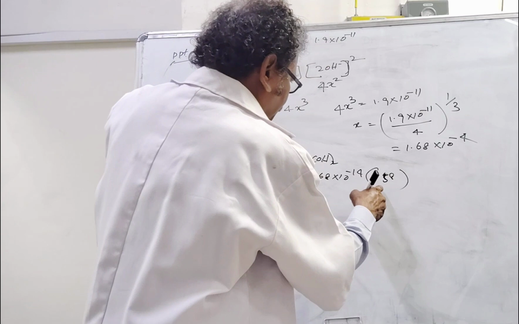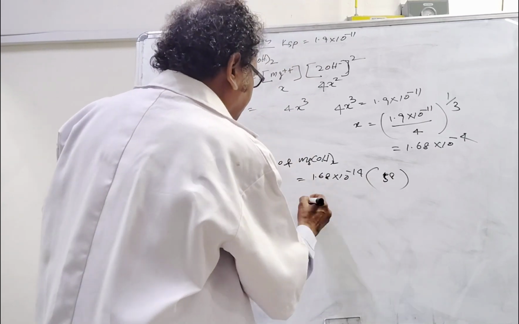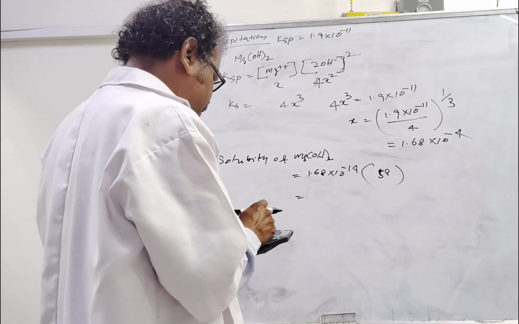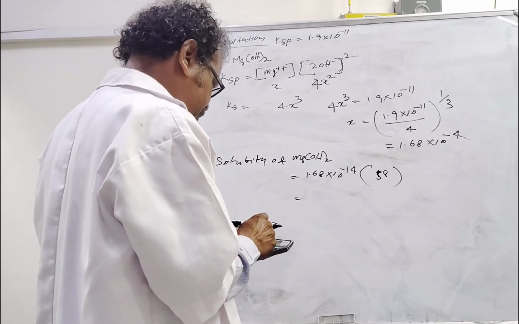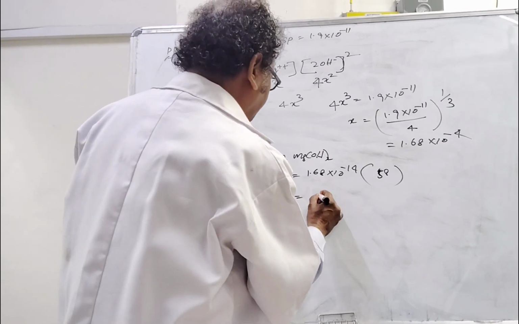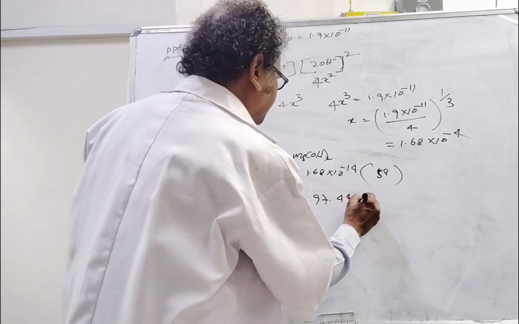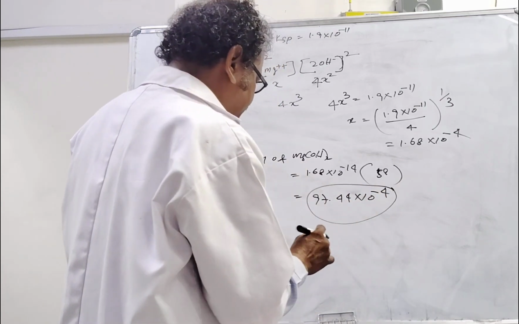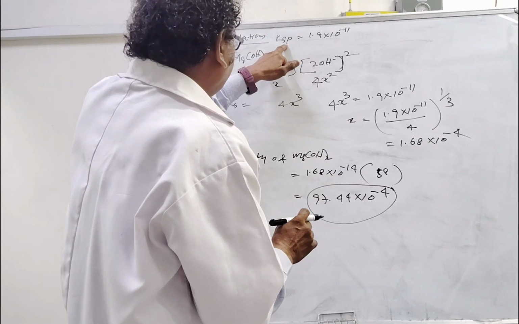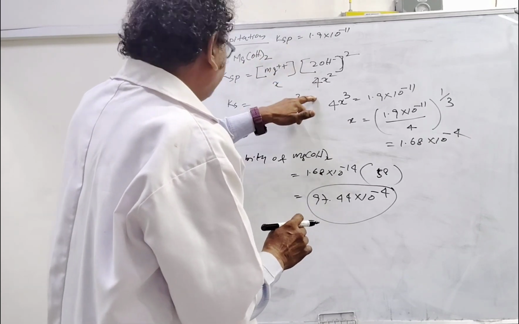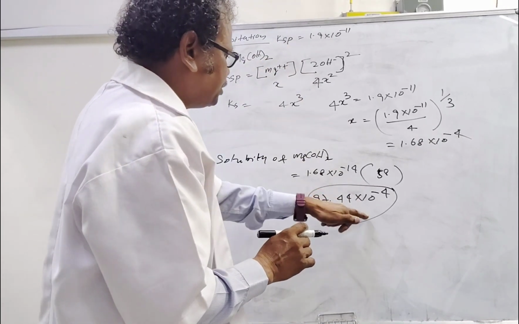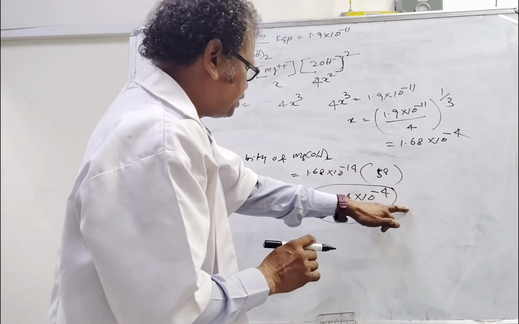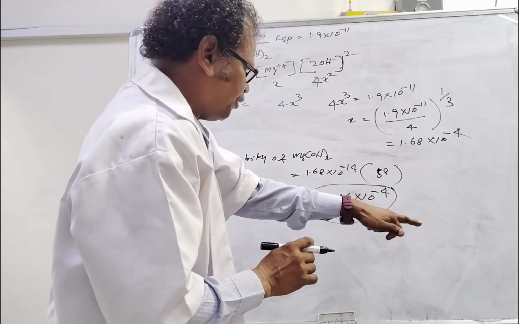Then we will get 1.68 into 58, so it is 97.44 into 10 to the power minus 4. It is greater than the Ksp value of magnesium hydroxide. That's why it precipitates in the precipitation tank and moves towards the clarifier.